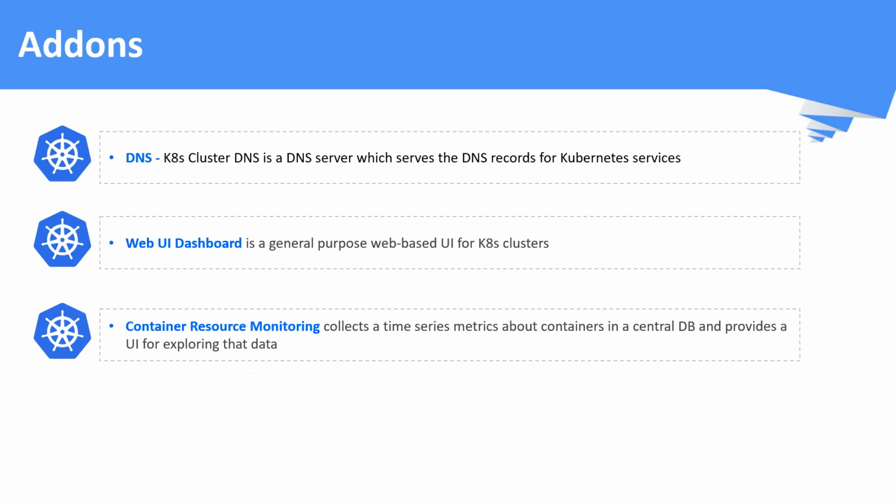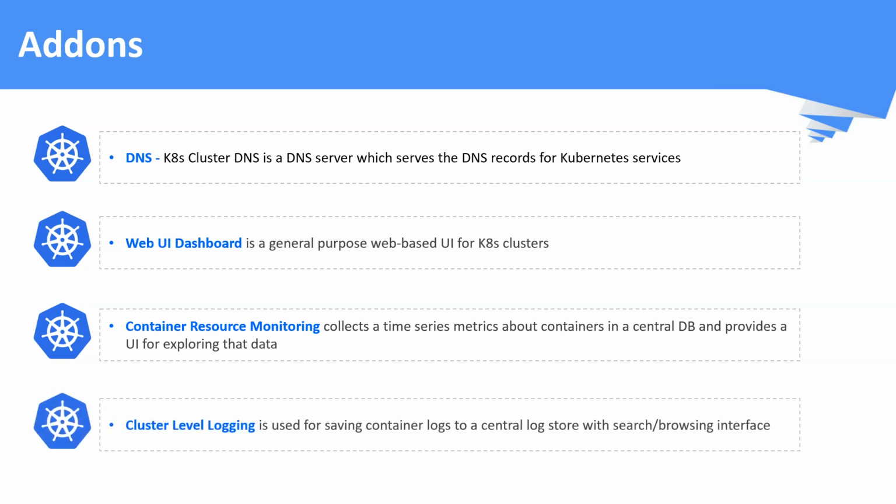Container resource monitoring. The container resource monitoring collects time series metrics from the containers and provides a web UI for exploring them. This is used predominantly for container monitoring. Cluster level logging. Cluster level logging is responsible for saving container logs to a central log store with a search or browsing interface.